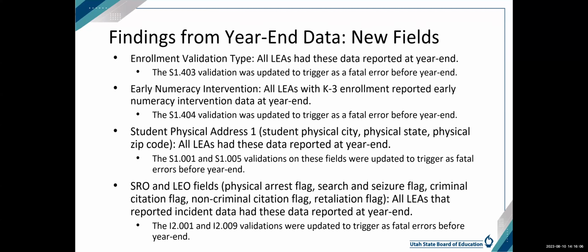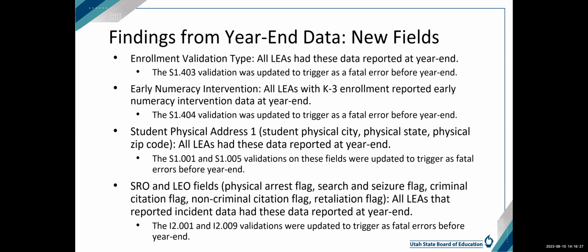For student physical address 1, which includes student physical city, physical state, physical zip code, all LEAs had these data reported at year end, and S1.001 and .05 validations on these fields were also updated to trigger as fatal errors before year end.